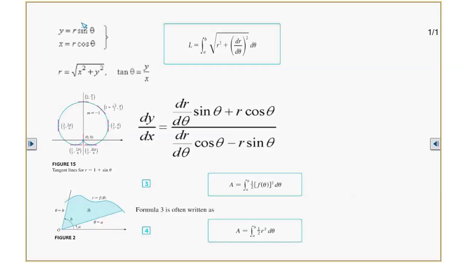These right here are just your basic algebra and trig formulas for polar coordinates. Now polar coordinates, I don't know why they call them polar coordinates, but they're basically vectors. That's what they are.